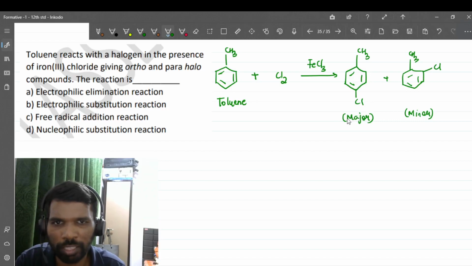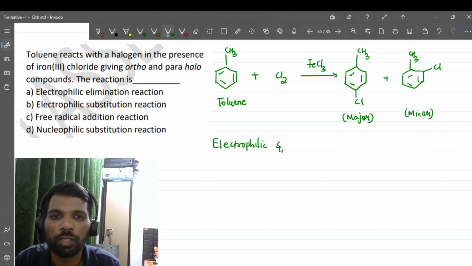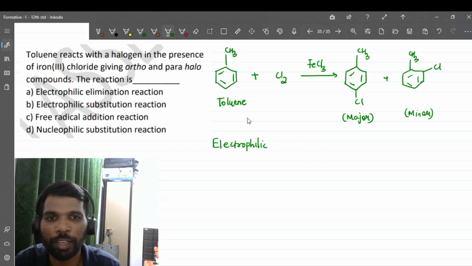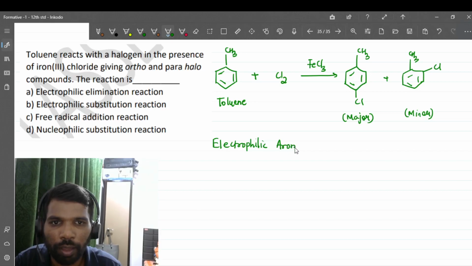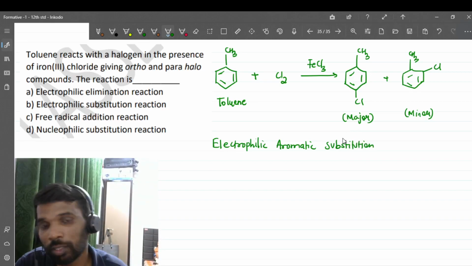Now, what is this reaction? This reaction is called electrophilic aromatic substitution. We are substituting on an aromatic ring.